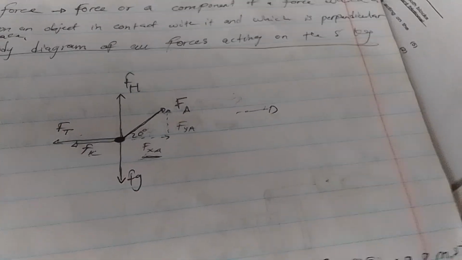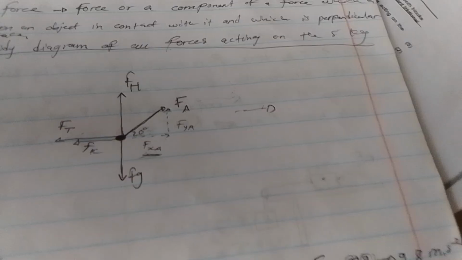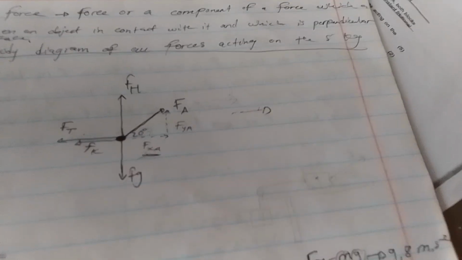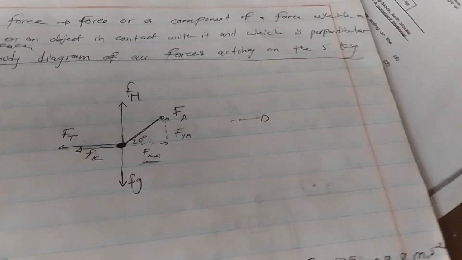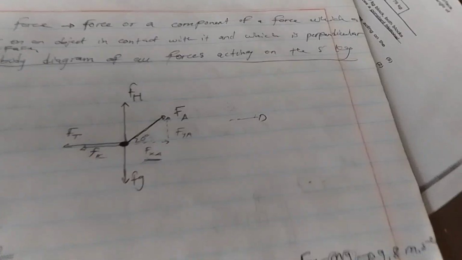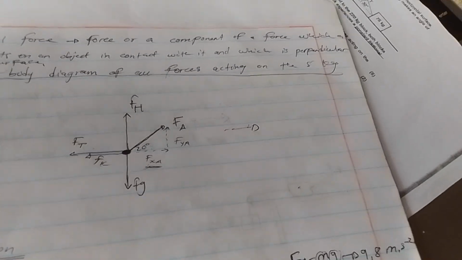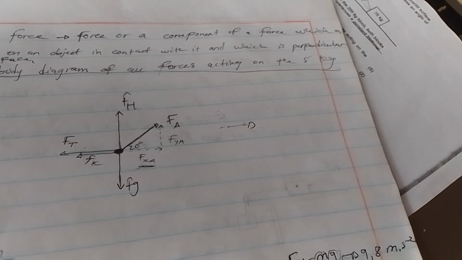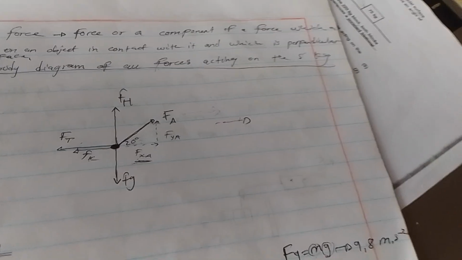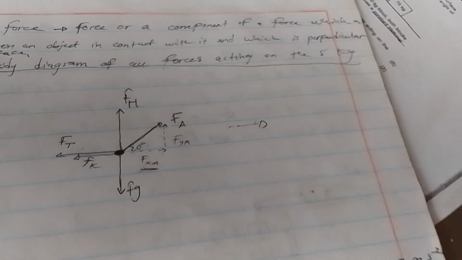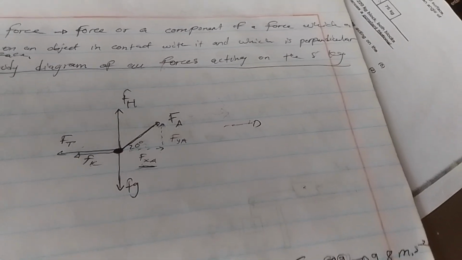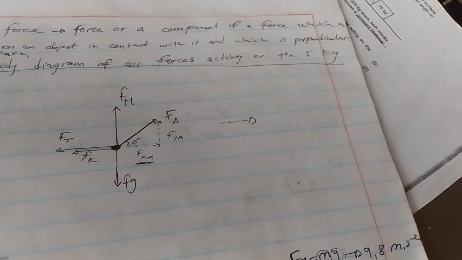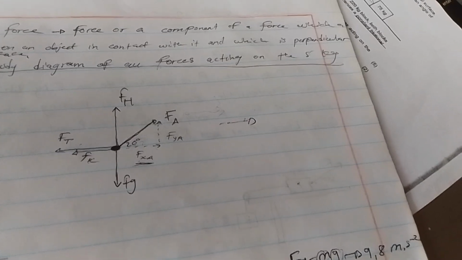Like our normal force. When we want to calculate the frictional forces, you'll need to have the normal force. So that's when you will use the forces acting in our vertical direction, because the normal force is in our vertical direction. Now we want F, force applied, but we know the components of our force applied.